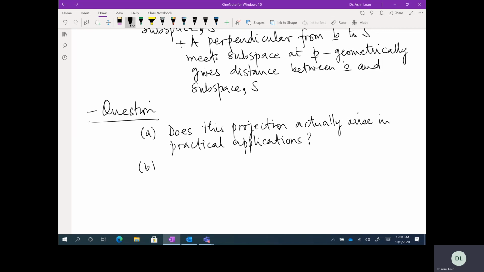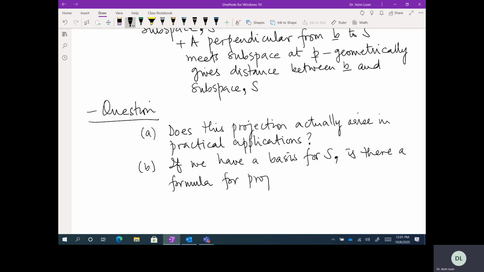And the second question is, if we have a basis for S, is there a formula for the projection P? Obviously, if we can do that, then life is much simpler.